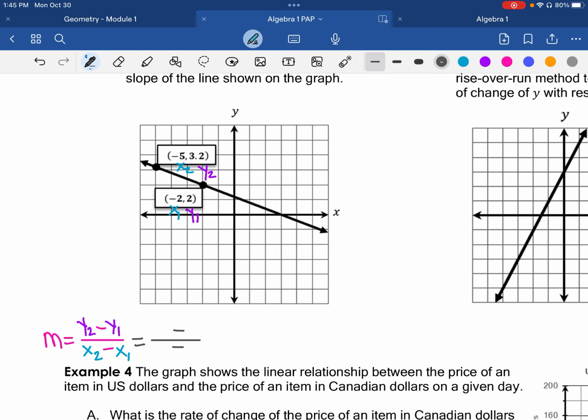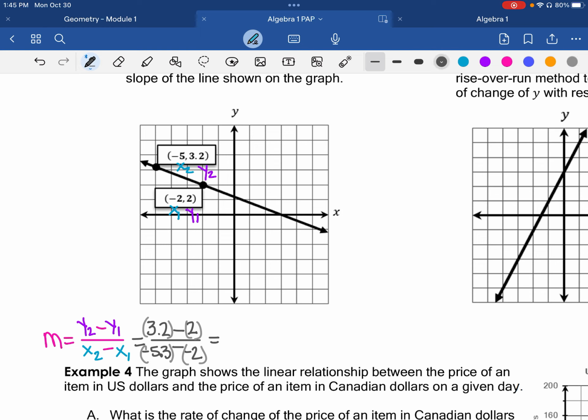Now I'm going to substitute in my y's, and I'm going to substitute in my x's. Remember, you might want to use your parentheses to help you in your calculator or in your substitution.